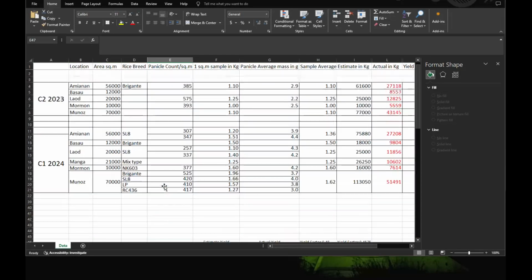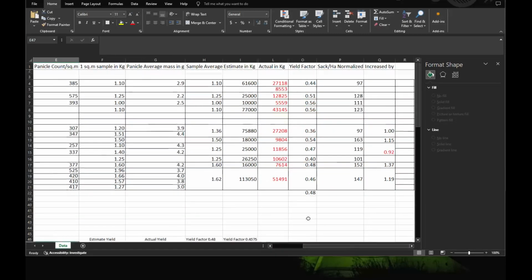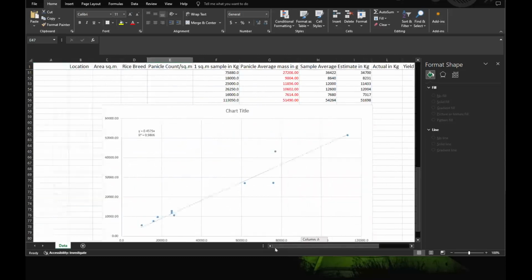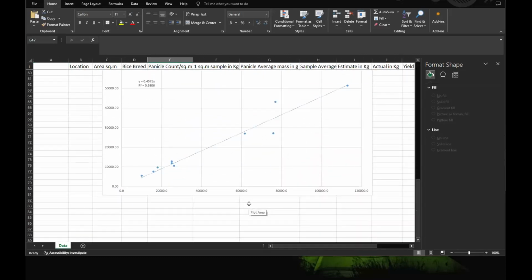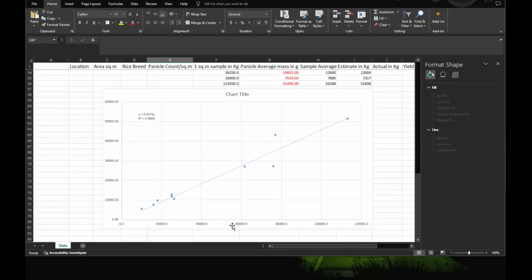So what does this data mean? And what does this trend mean? To me, this trend means this is natural. It's not something I made up. It's just the way it is. I couldn't fight this data because it's actual data.